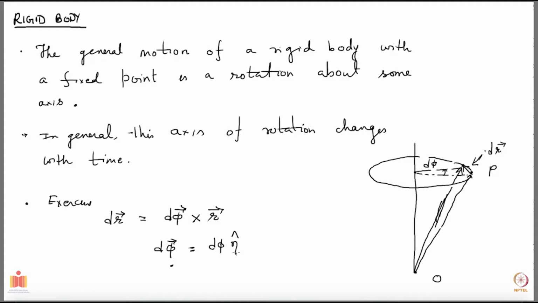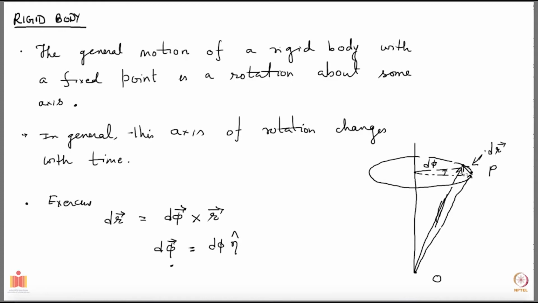Now I want to find out the velocity of this particle, this point P, which is in the rigid body. I hope it's clear what I'm doing. For me, this point P is one of the points of the rigid body, and the body is moving, and this point P is moving with it.